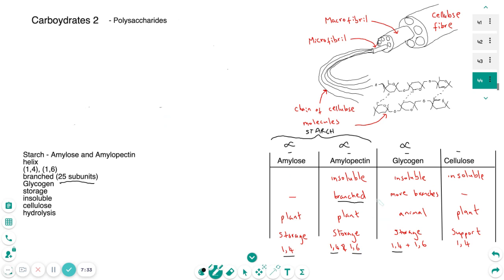So again, glycogen has got these 1,6 bonds as well, but now there you go, there's our 1,4, just like amylose and just like amylopectin, but glycogen has got even more branches.